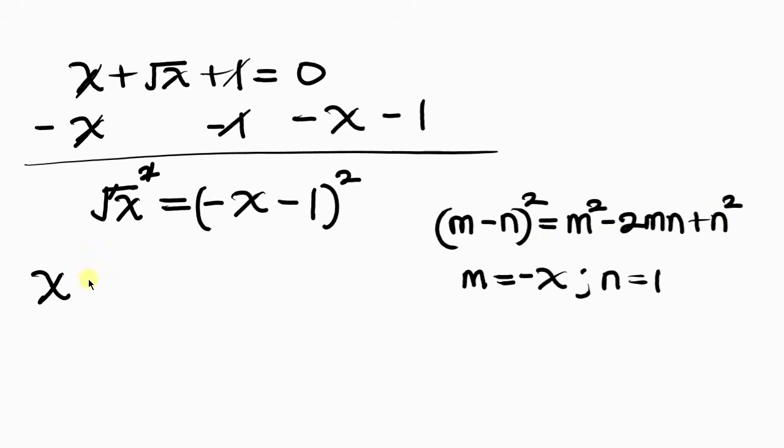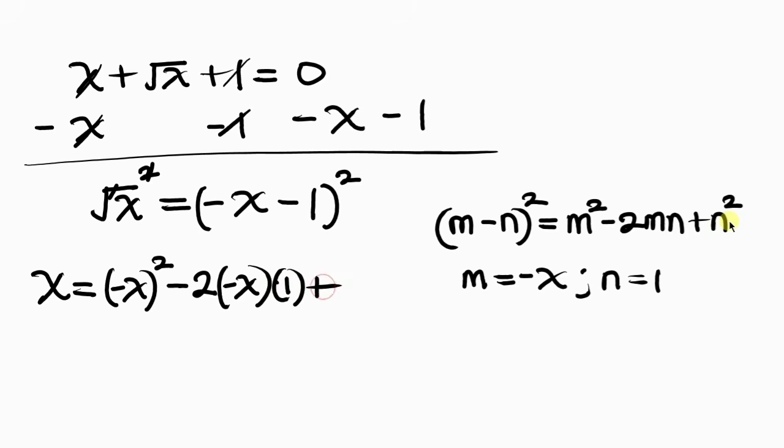The left hand side is x, so this is equal to, now the right hand side in this form will be m squared, so that will be negative x squared. You see that? Good. And then we have minus 2 times m times n. So 2 times m, which is negative x, times n, which is 1. Good. And then plus n squared, so 1 squared is still 1.